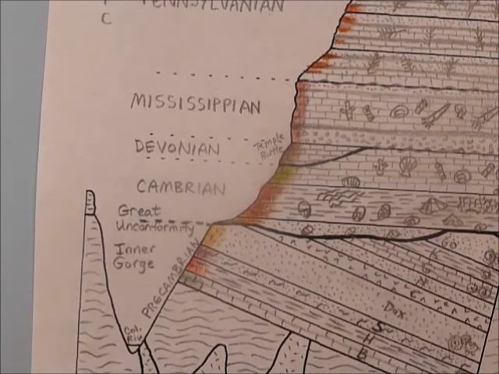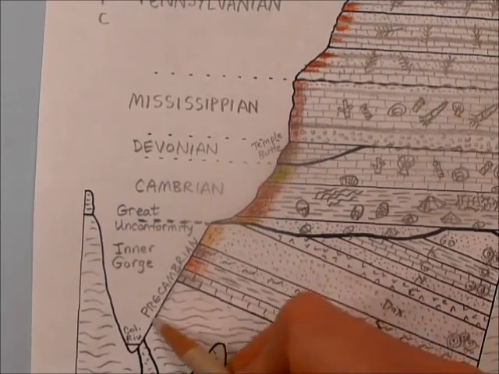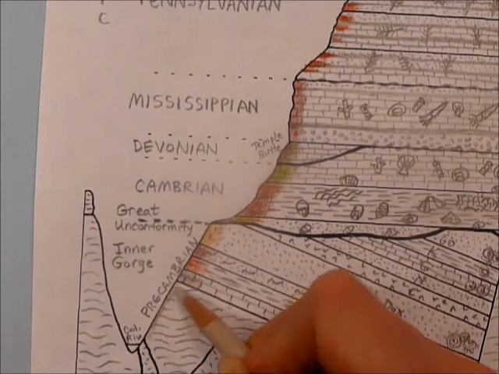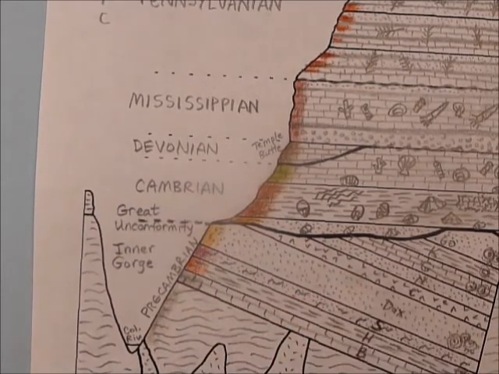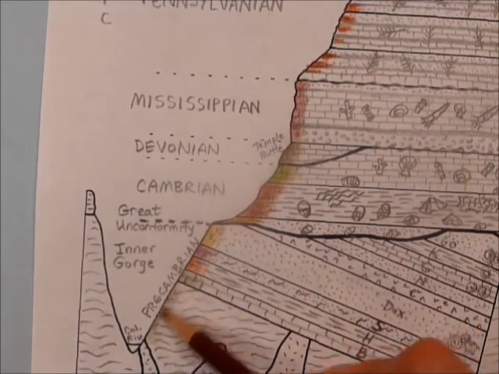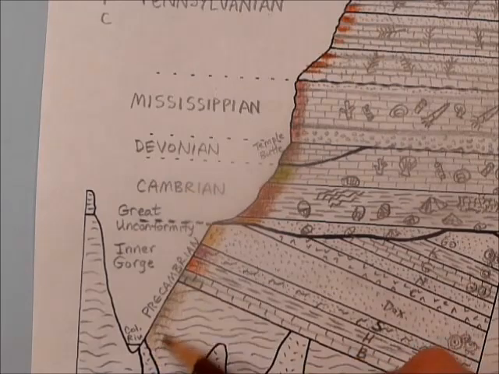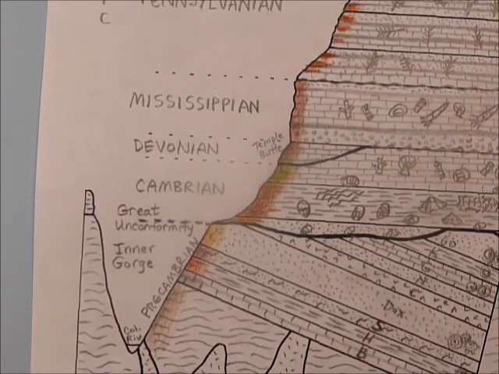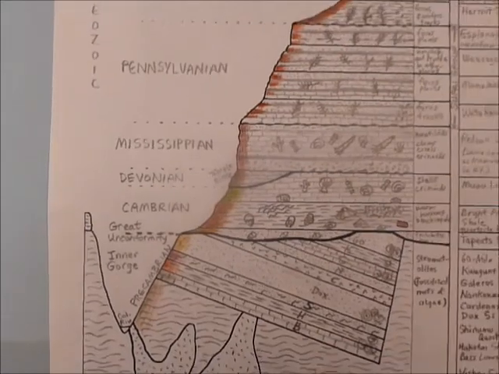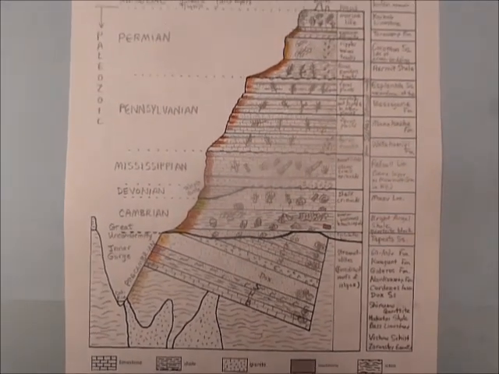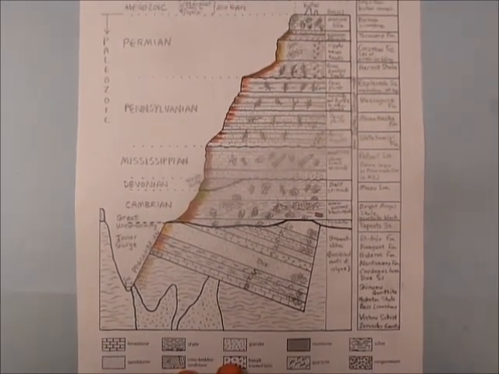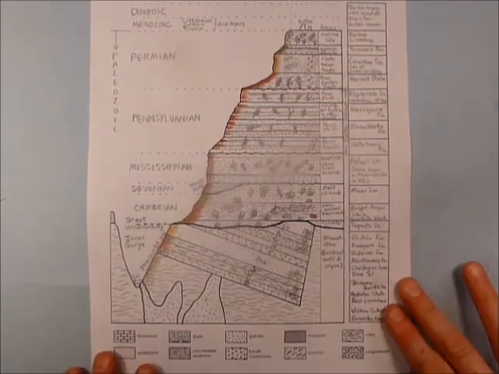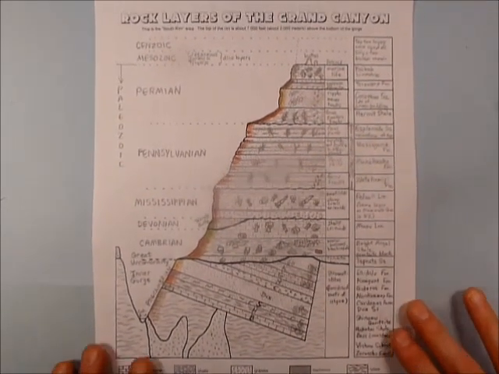And the schist here would just be kind of like a boring, kind of grayish black maybe. A little bit of brown. So there, I added a little bit of color without covering over any of my layers. That packs a lot of information into one diagram.